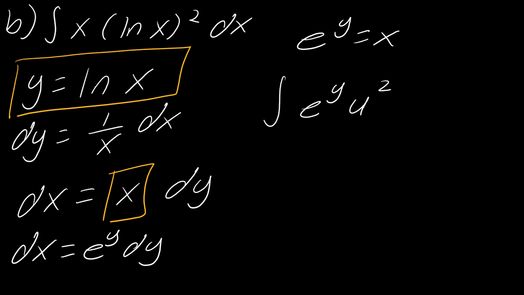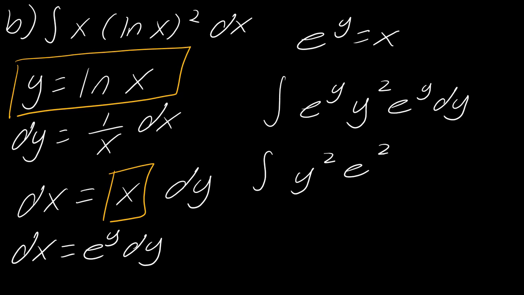Oops, sorry, this is y squared. My bad, I'm so used to working with u. This is y squared. And then where I have dx, now I'm going to replace it with this little magic here. Okay, whew, craziness. So this becomes y squared e to the 2y dy.